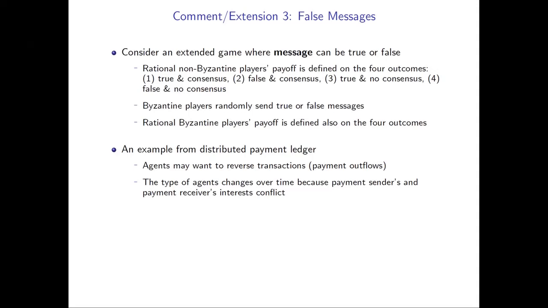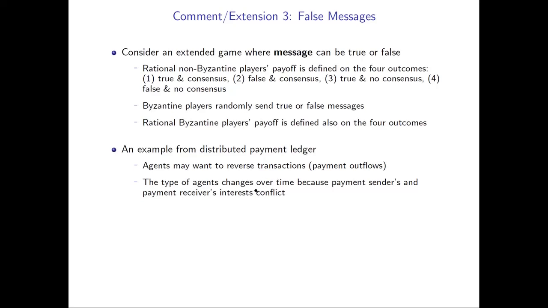For instance, I'll be a faulty player if I just send 5 Bitcoins to Jason and I want to reverse the transaction on the Bitcoin ledger. And I'm going to send a false message. And if the consensus is reached upon this false message, there might be a cost imposed on everybody, except me. And so in this case, we can think about first, the Byzantine players, they have their own incentives. And these incentives are particularly relevant if the message has a truth or false nature.